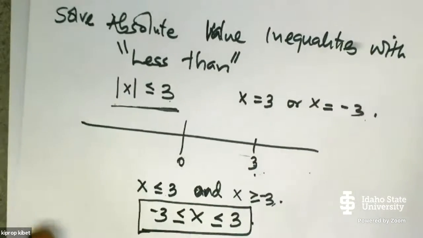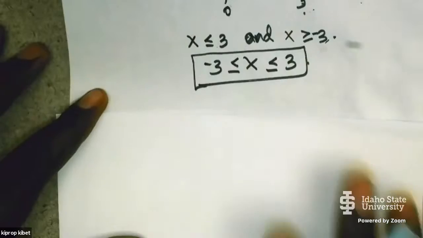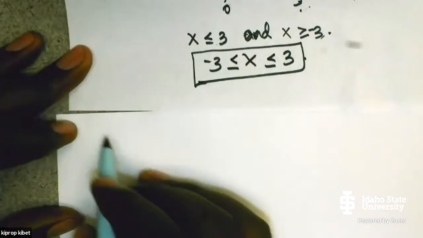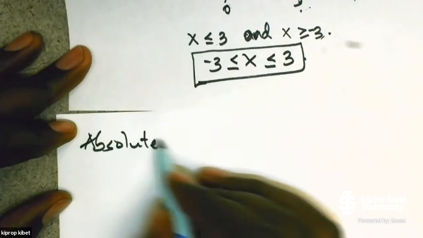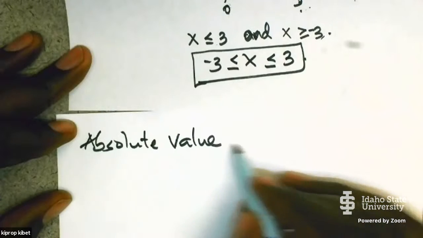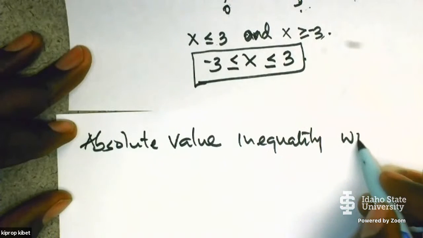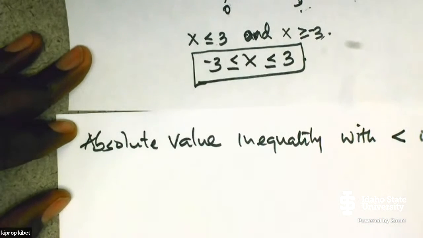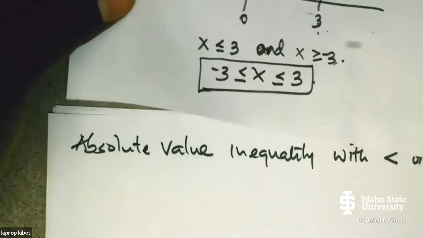So if we have the absolute value inequality with less than or less or equals to, let me give you a hint.